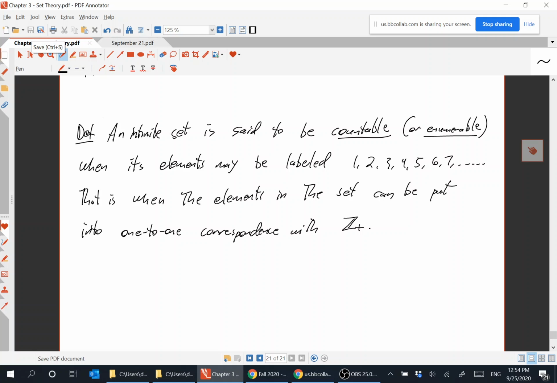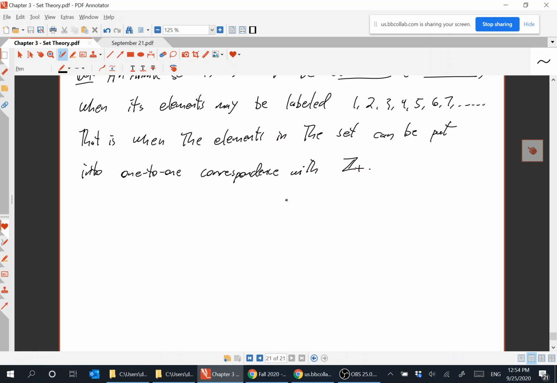All right, how about the integers themselves? Are the integers themselves countable? So is or is not?